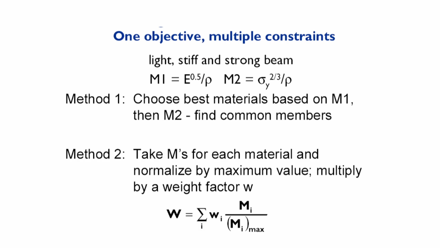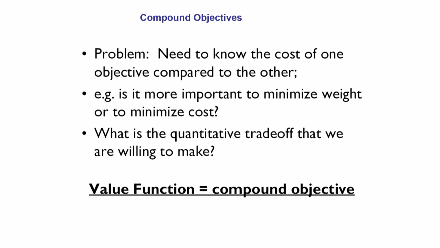Now, if you have multiple constraints, so choose best materials based on M1, then M2 and find the common members, that is one way, or take M's for each material and normalize by maximum value and then figure out the final value. That is, you consider it to be one single objective situation.